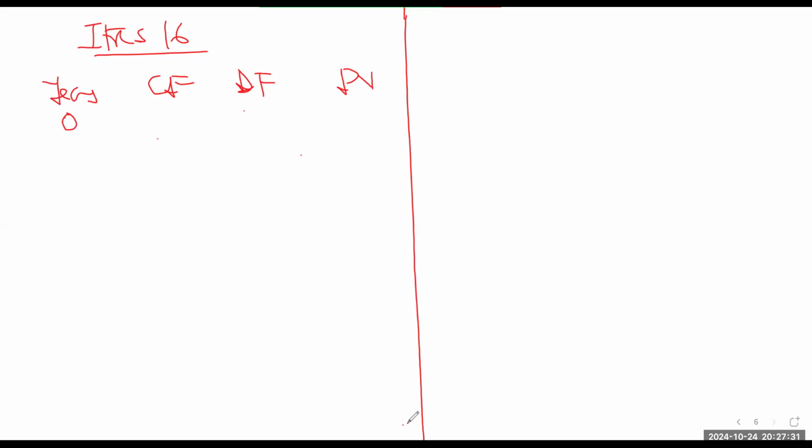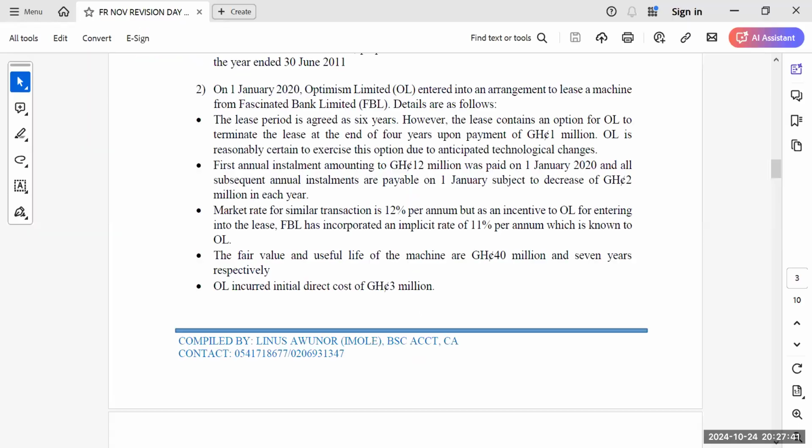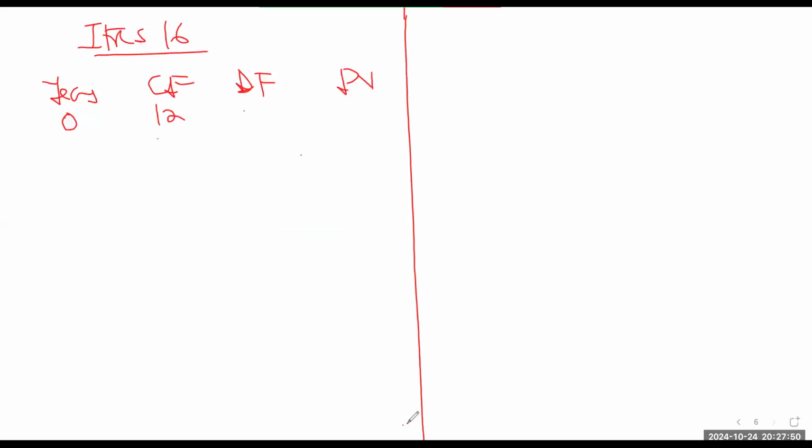The discount factor, the implicit rate, is 11%, isn't it? We use the rate implicit in the lease. If that one is not readily available, we use the borrowing rate of the lessee. So that will be 11%. This will be the same as 1.00.